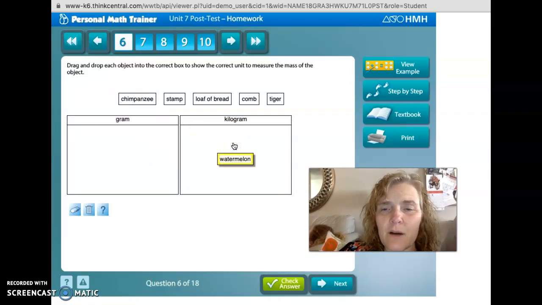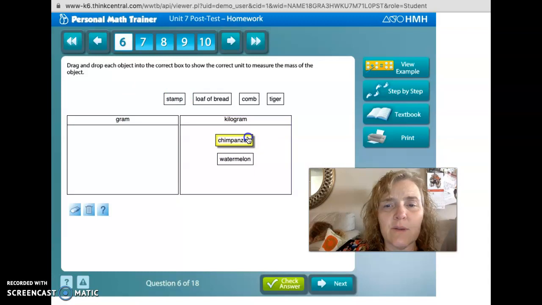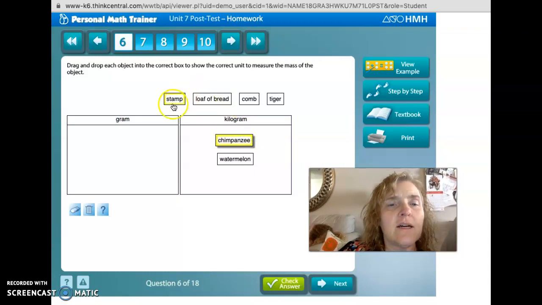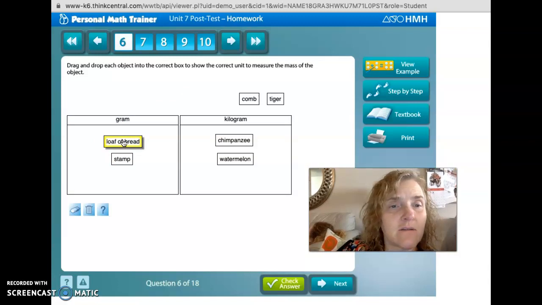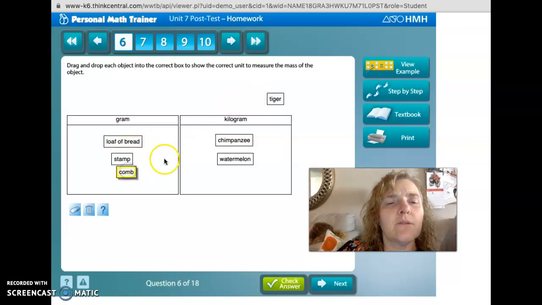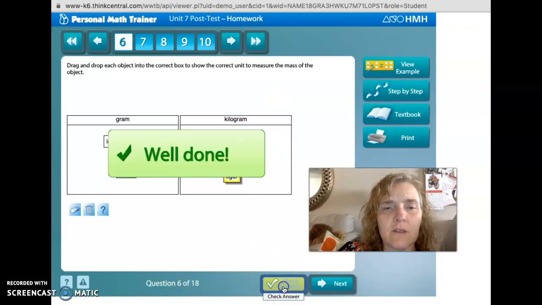Yeah, a kilogram is about 2.6 pounds. So a chimpanzee, let's say he's bigger than 2.5 pounds. A stamp is a gram. A loaf of bread. If you look on your bread package, it'll say like 696 grams, something like that. A comb, I'd say grams. A tiger, kilograms.